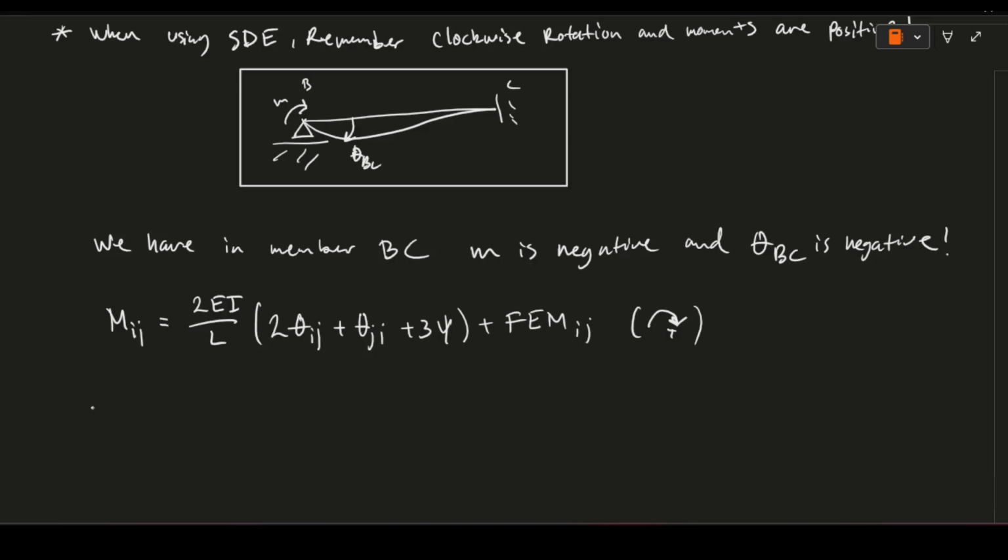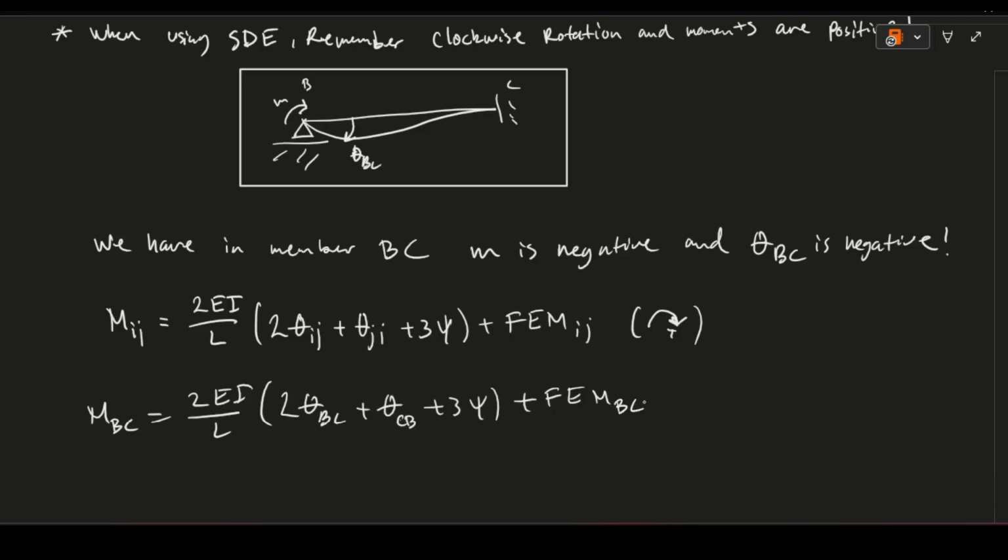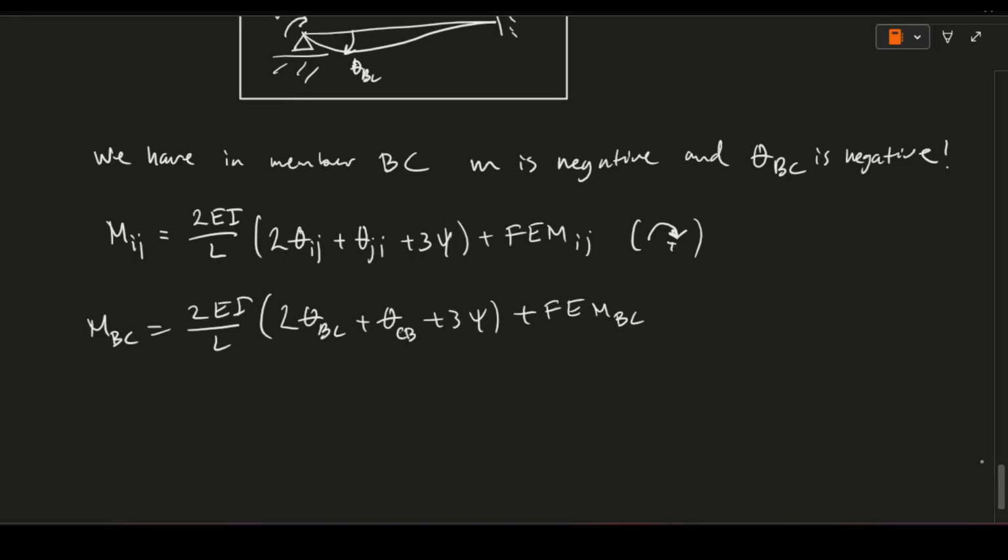So Mij, let's just figure this out. This is MBC, so 2EI over L times 2 theta BC plus theta CB plus 3 psi, the chord rotation, plus the fixed end moments from B to C. We have no fixed end moments from B to C. We have no chord rotation.